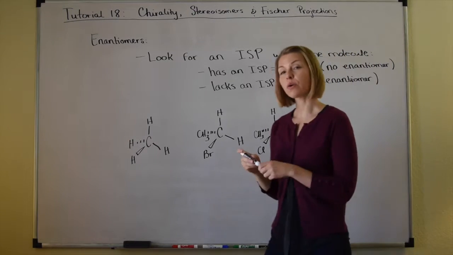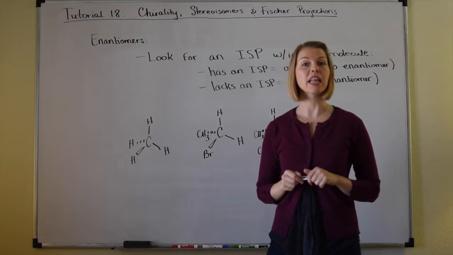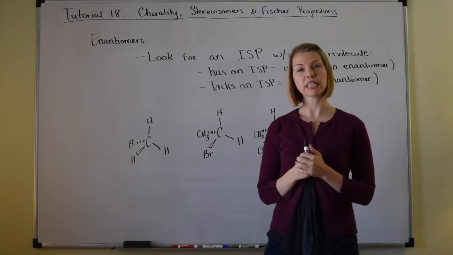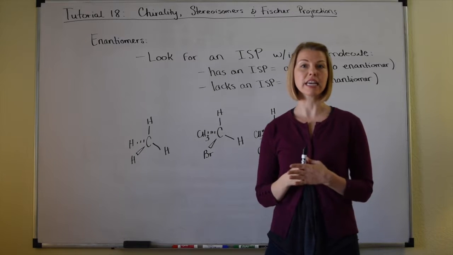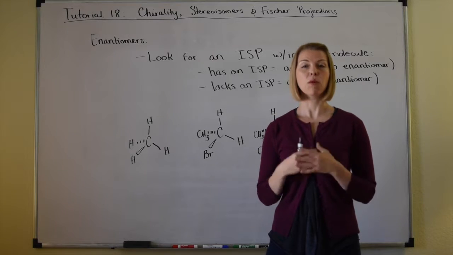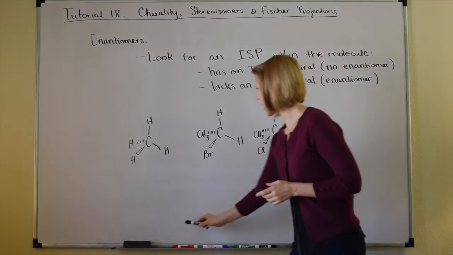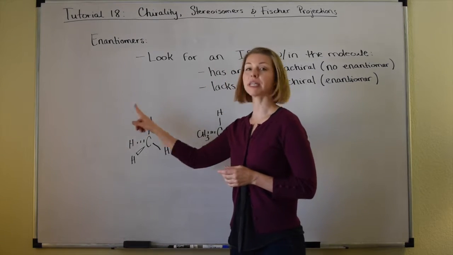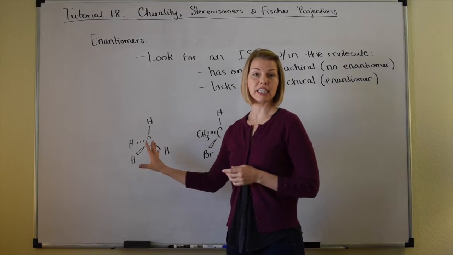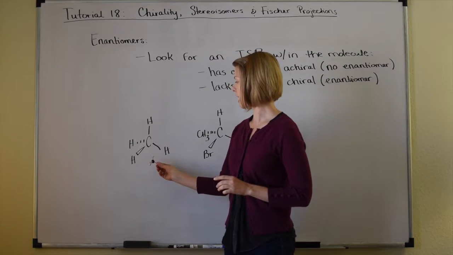All right, so I've got 3 examples drawn out on the bottom of slide 2. We're going to go through these 3 examples and look to see if these molecules have an internal symmetry plane and whether or not they are chiral or achiral. Starting out with this first problem here, which is just CH4, methane, I went ahead and built a model of it as well.